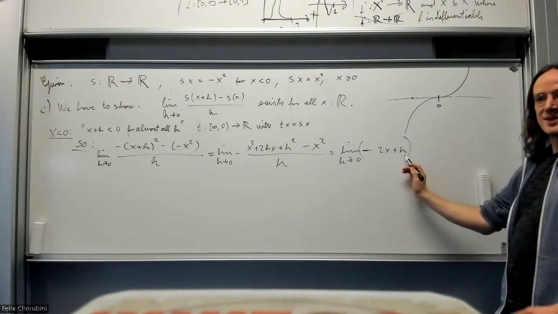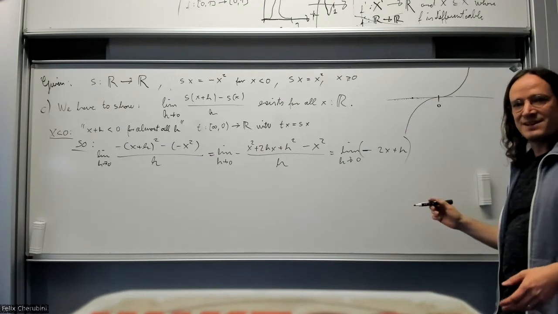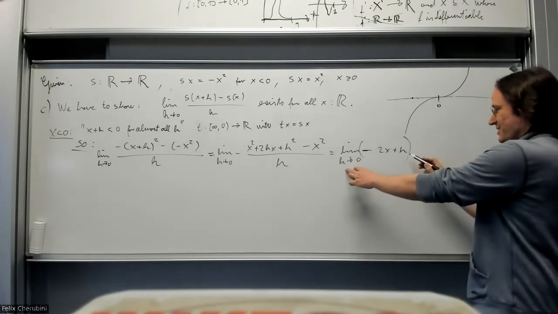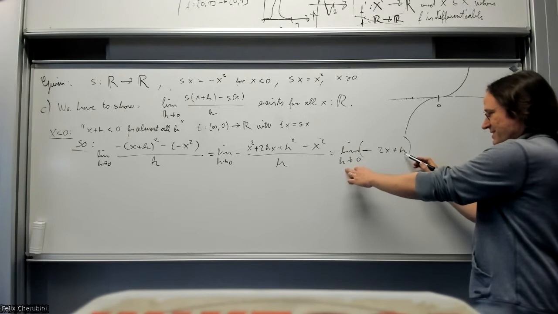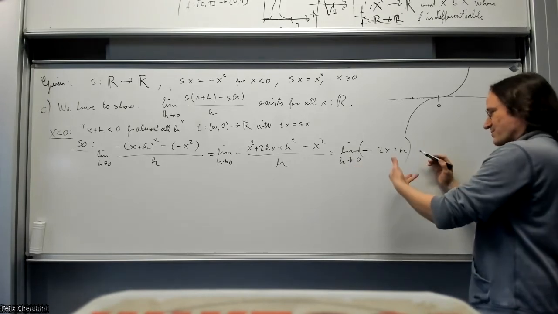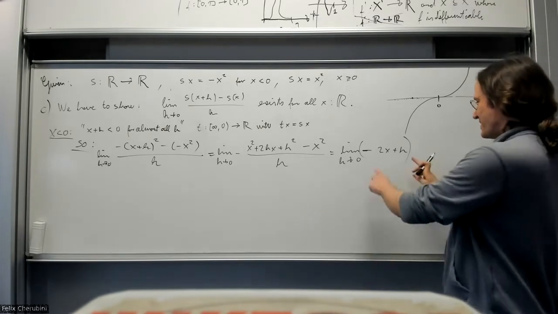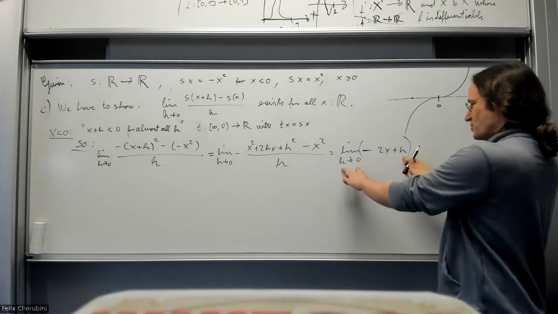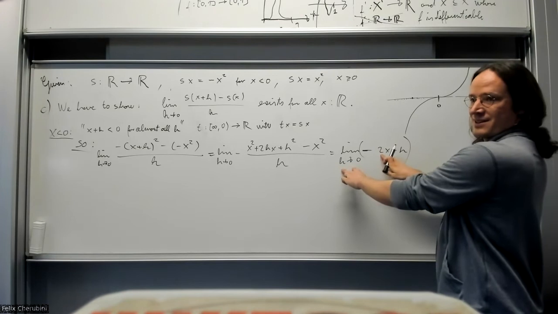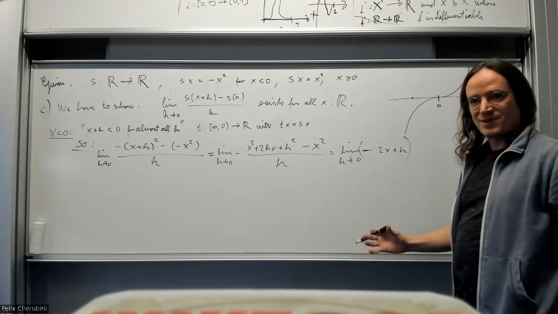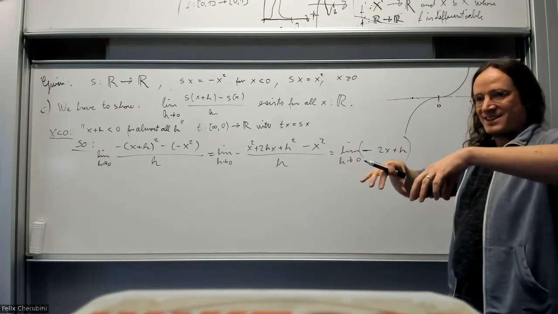So now you can use the theorem that tells you this limit, just with the h, would be 0. And then you can use the theorem which tells you if you know two limits, then you also know the sum of them.